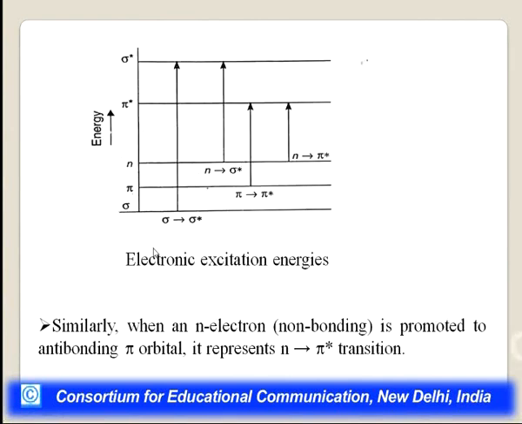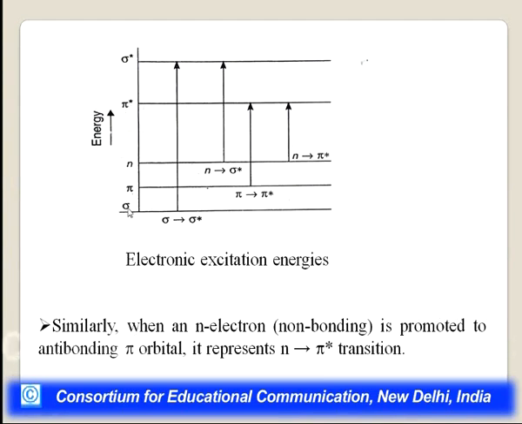Here you can see the electronic excitation energy. If we talk about any molecule, it can contain sigma electrons. Let's say CH3CH3, ethane, it contains only sigma electrons, so only sigma to sigma star transitions are there.